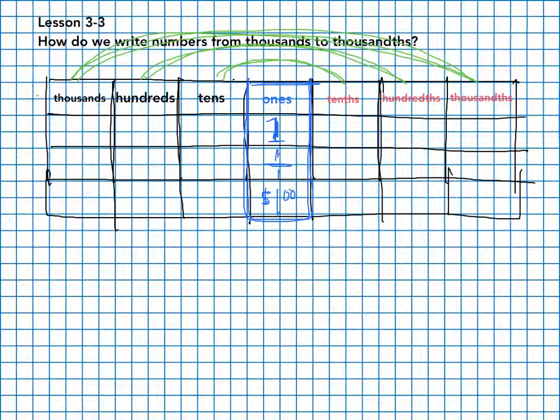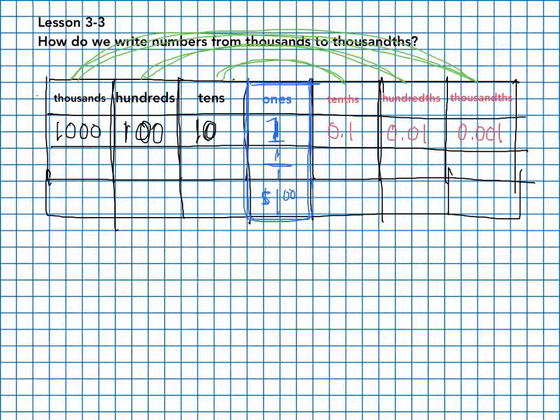Hopefully this side is going to be easy, because 10 is just a 1 and a 0. Hundred is 1, 0, 0, and 1,000 is 1, 0, 0, 0. Now, if we go to the other side, tenths is going to be 0.1, hundredths is going to be 0.01, and thousandths is going to be 0.001.